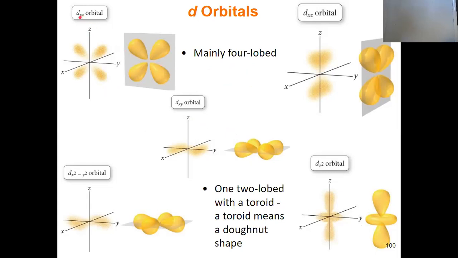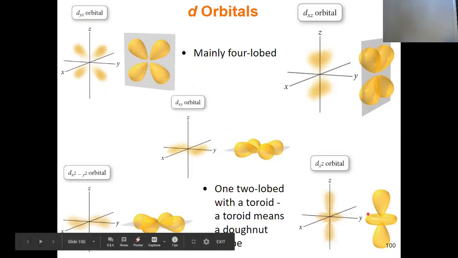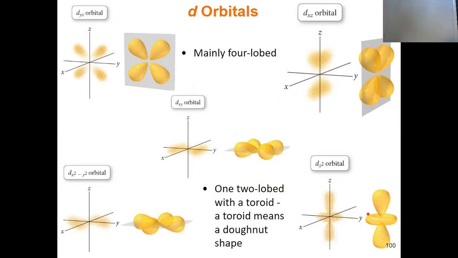So these little letters are just descriptions of the location of the 4 lobes. That's all that means. Sometimes when you're starting to learn, it's more helpful to just call them D1, D2, D3, D4, and D5, just so you could start understanding the difference between them.